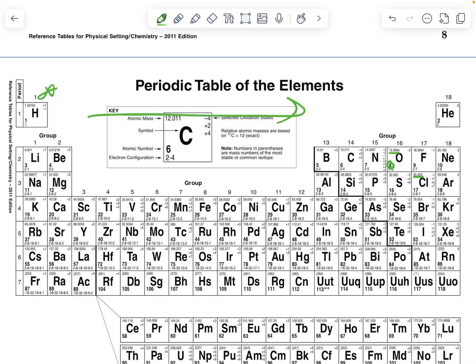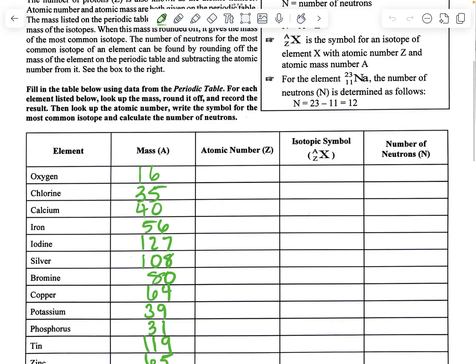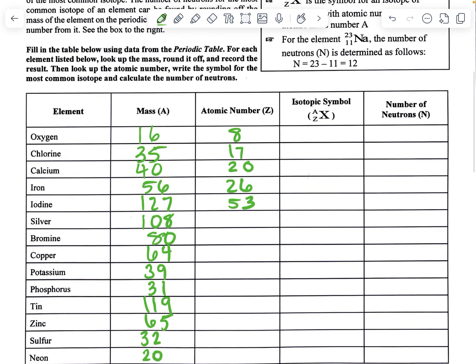So atomic number on this periodic table is in the lower left-hand corner. Depending on the one you're looking at, it might be in a different place. I have filled these out already, and you would go ahead and do the same. This is just telling you where they exist on the periodic table.